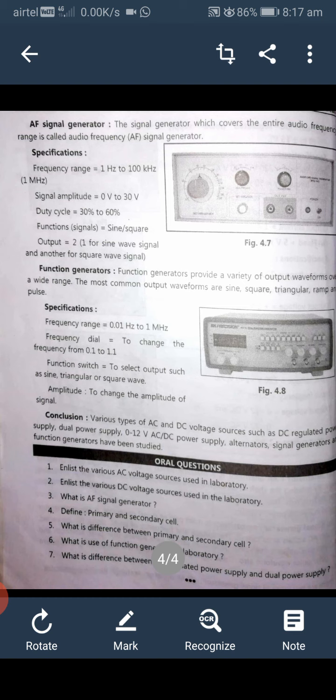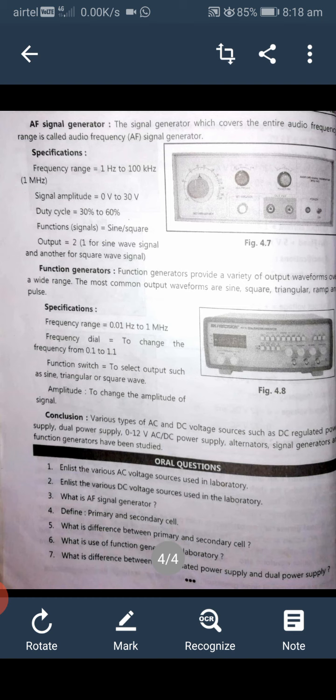The specifications of function generator: frequency range is 0.01 Hz to 1 megahertz. Frequency dial changes the frequency from 0.1 to 1.1. Functions are used to select outputs such as sine, triangular or square wave. Amplitude changes the amplitude of the signal.